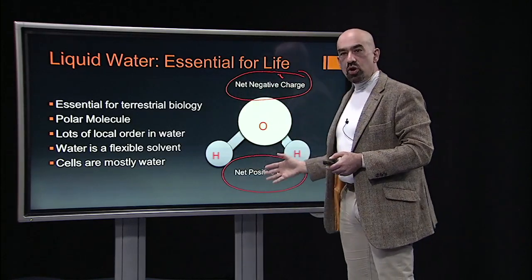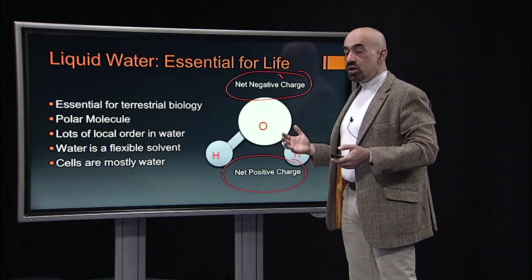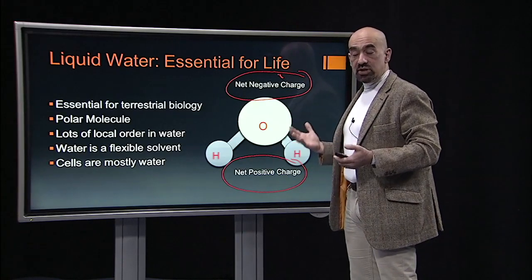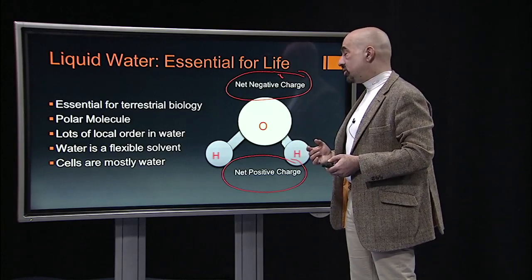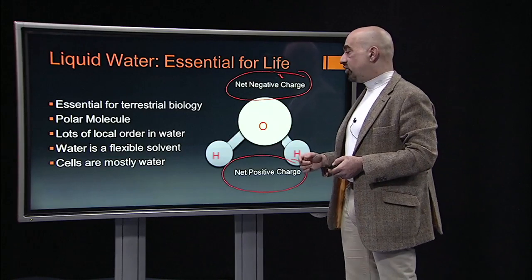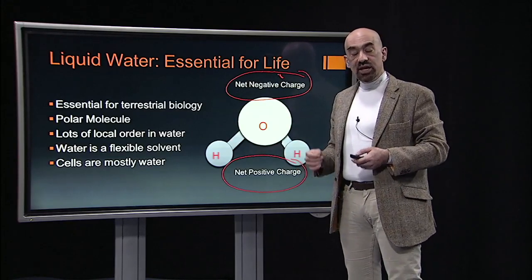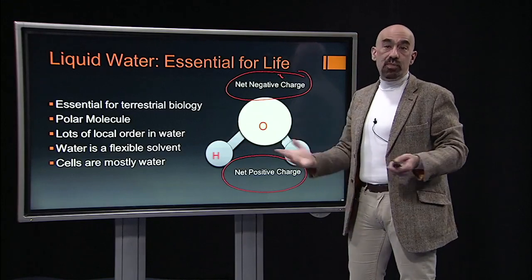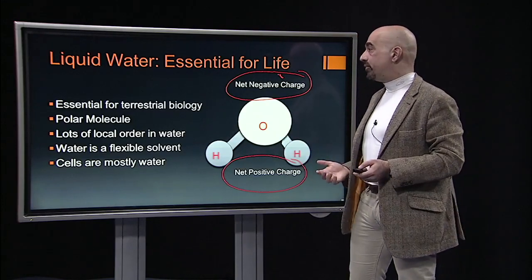That relatively long-range order is unusual in liquids, and gives water some of its interesting properties. Because it is a polar molecule like this, it's a very flexible solvent, and it has lots of interesting chemistry. Our cells and our bodies are mostly made of water.